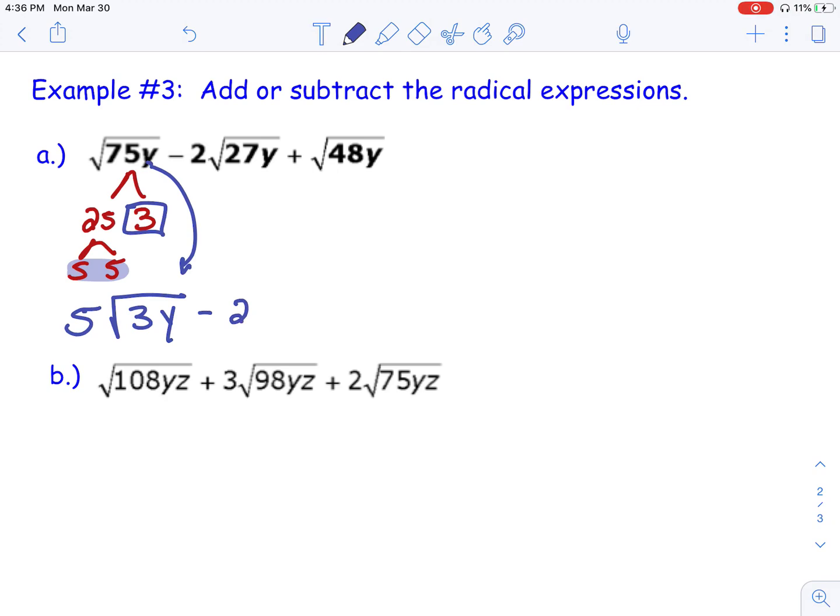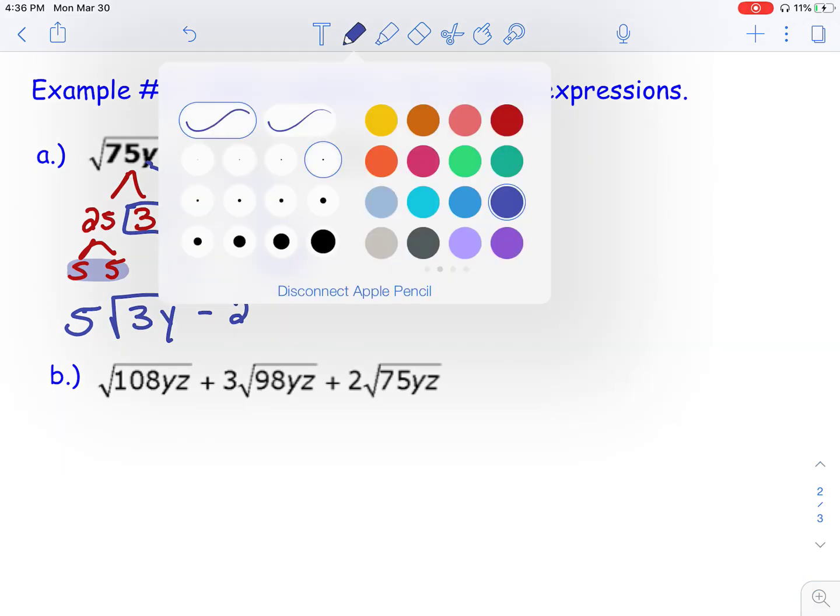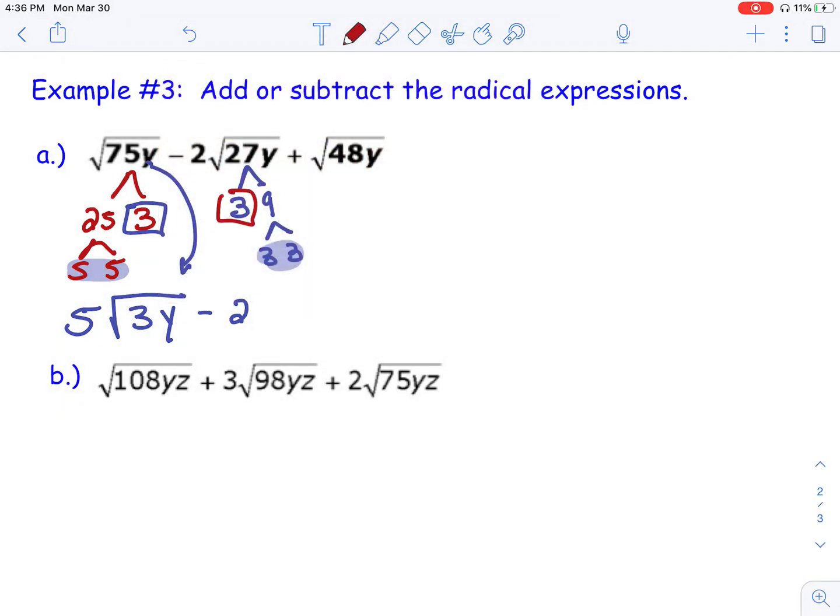Minus 2 times, let's see if we simplify this, I get 3 and 9. I get my pair of 3's, but I'm going to have to leave this 3 underneath. So I'm going to take out a 3, leave a 3 underneath. And don't forget my y.